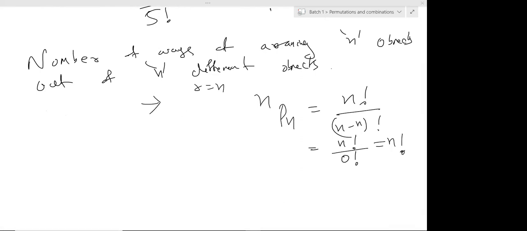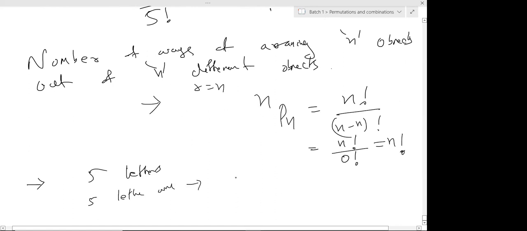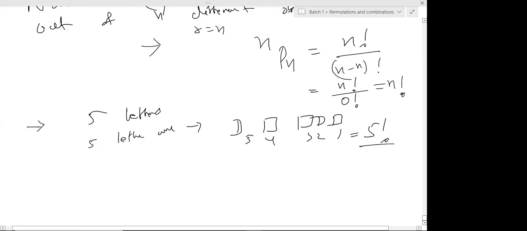If you have to arrange n objects out of n different objects, that means 10 objects out of 10 different objects, the answer is 10 factorial. 5 letters and 5-letter words, 5 spaces, 5, 4, 3, 2, 1, and this is 5 factorial. Very easy.